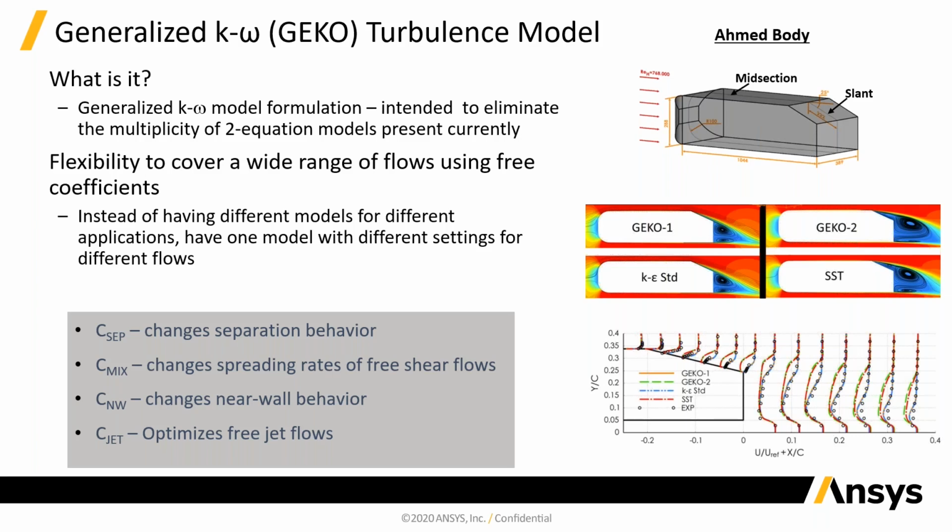So what we've done in the software is to come up with a generalized model based on the K omega formulation, but where constants in it are separated out so they affect a particular type of physics, so that you can, for example, change separation behavior or spreading rates or transfer near walls or jet flows. And you can actually change these not only globally, but also locally within a flow.